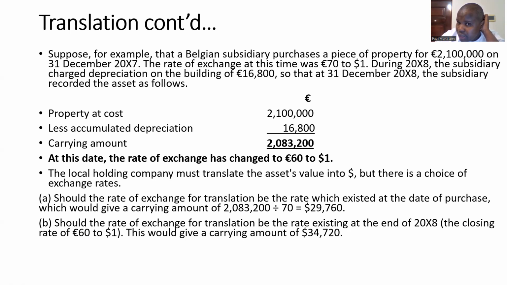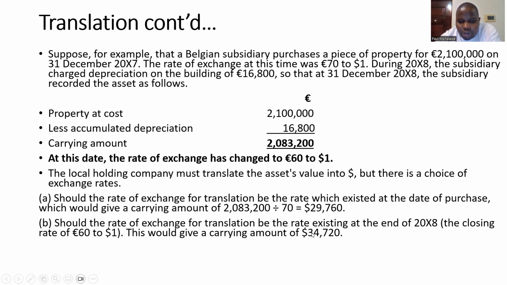Okay, so here it means that the dollar gained by 10 euro, because taking the same amount and dividing by 60 gives us more dollars. So I revert my earlier announcement where I said the dollar lost value. In this case the dollar gained value because we're moving from euro to dollar, so more dollars are needed.